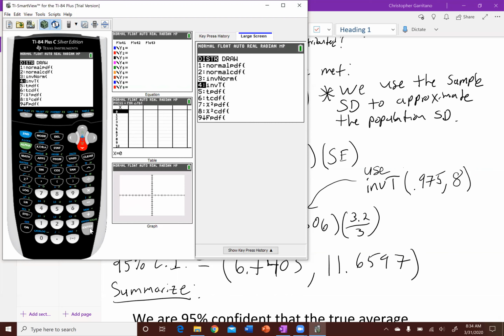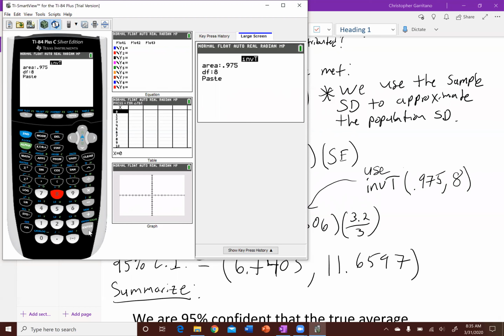But with the calculator, you would select inverse t. You would input the area to the left. And since we're doing a 95% confidence interval, the area to the left of that upper tail is 0.975. And of course, this is the t distribution, so we need a degrees of freedom, and that would be 8.